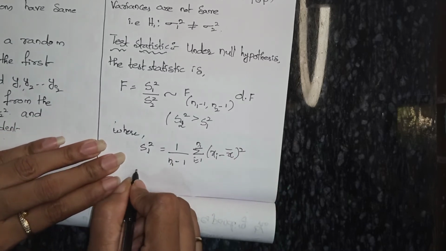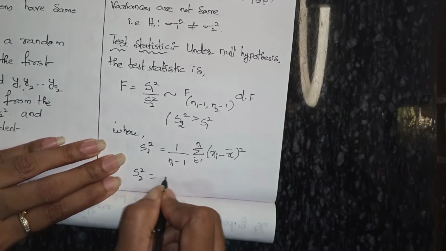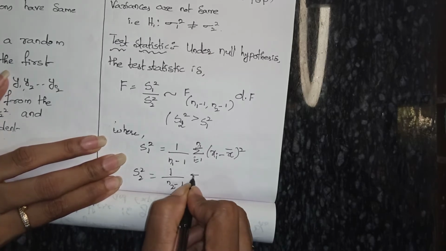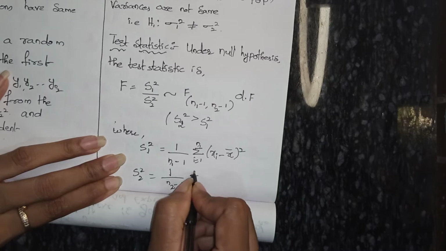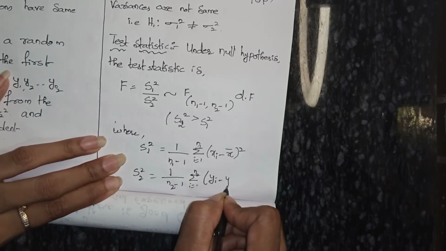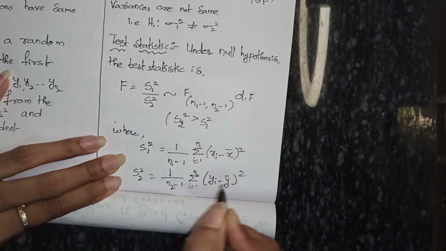In the same way, S2 square equals 1 by n2 minus 1 summation i equals 1 to n2 of yi minus y bar whole square.